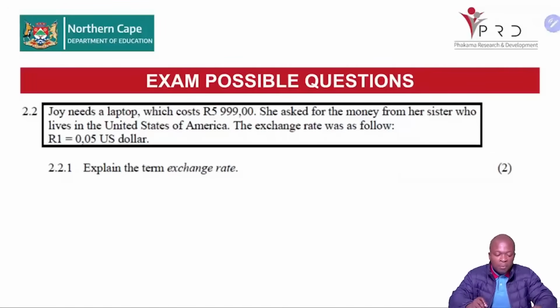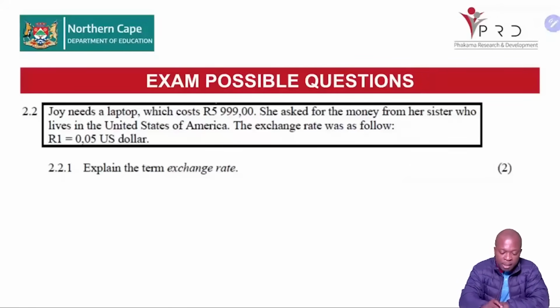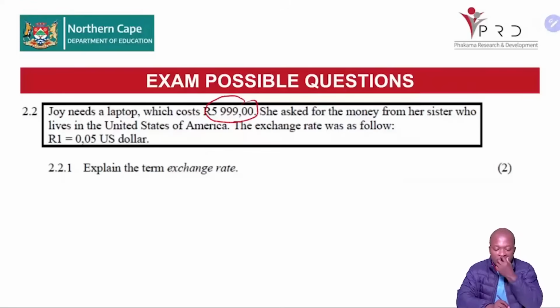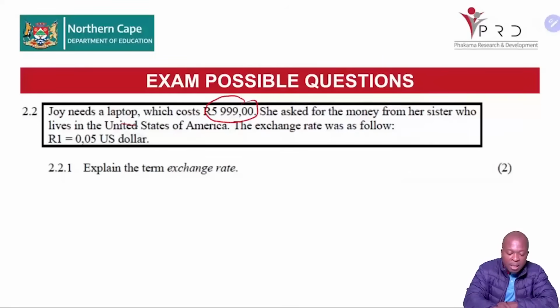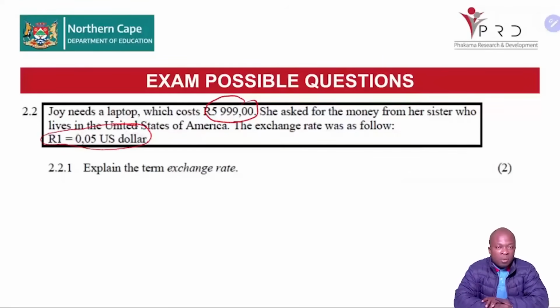Okay, now let's go to exchange rate. So we have a question here. It says, Joy needs a laptop which costs 5,999. This is the price. She asked for the money from her sister who lives in the United States of America. The exchange rate for that time was 1 rand will give you 0.05 US dollars.